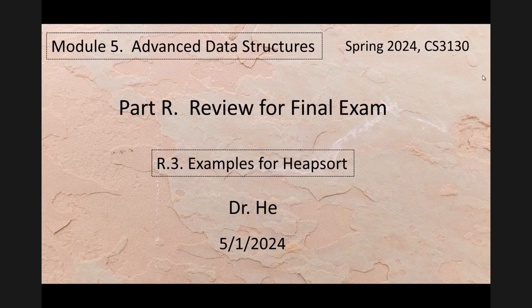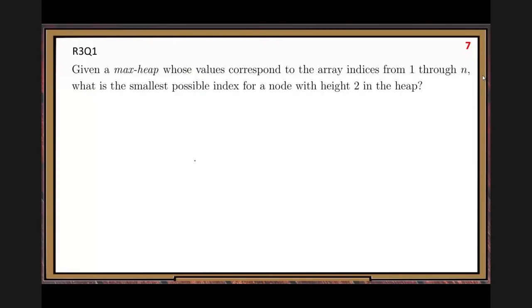So here I select 4 questions. The first one: given a max heap whose values correspond to the array indices from 1 through n. No 0, because otherwise many students ask me whether it is 0 or 1.